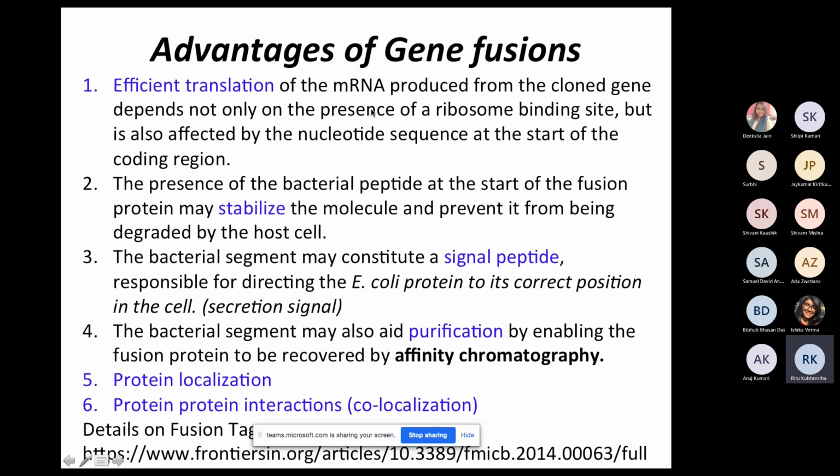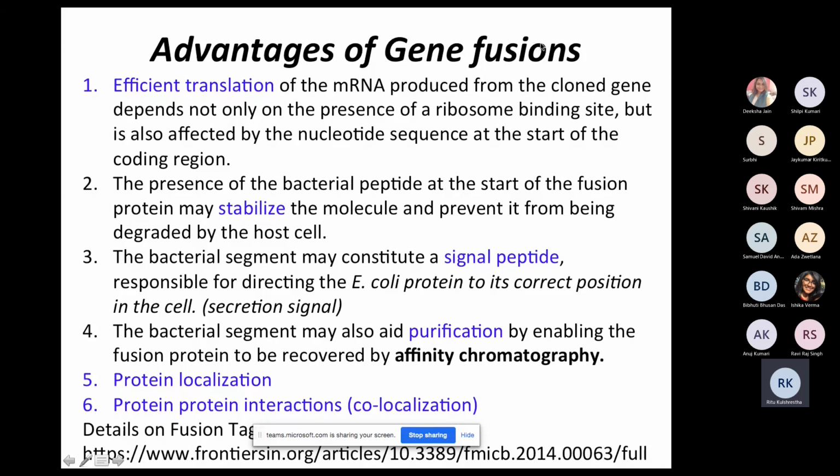Which are the various advantages of gene fusions? I'm sure that you have been told of some of these for sure, but others I'll just introduce you to. Otherwise, if you have to overexpress your gene of interest, then just that would have sufficed.